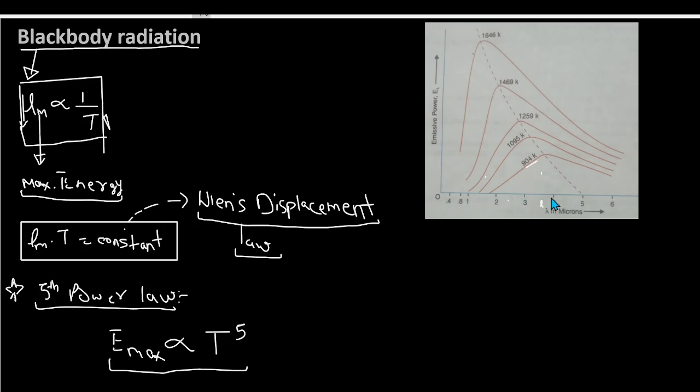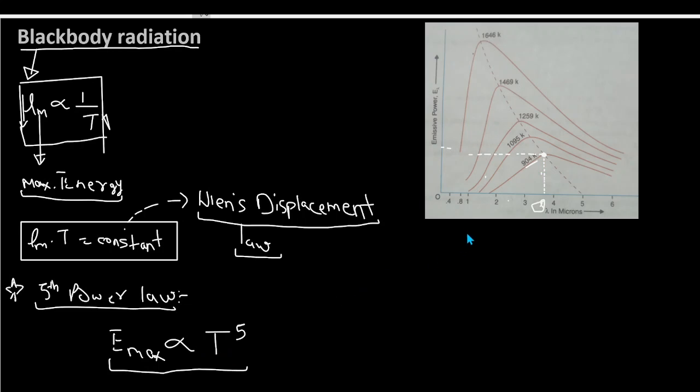You all know that for a particular wavelength, the energy emitted per unit area per unit time, which is the intensity, is maximum. It means for a given wavelength lambda, the energy emitted is maximum, or you can say the intensity is maximum. So this law tells that the maximum intensity, remember, only that particular point's intensity, not all the area, is directly proportional to T raised to the power 5.